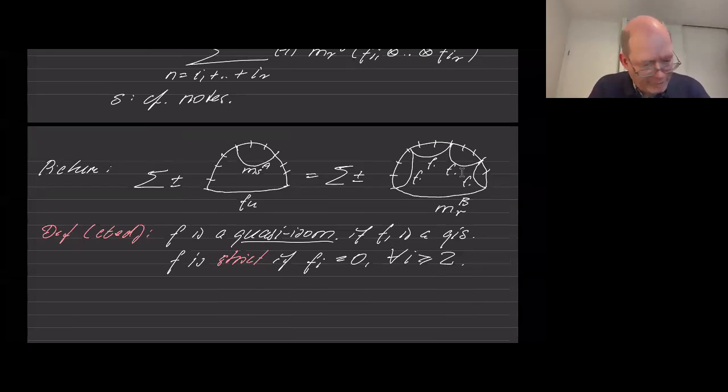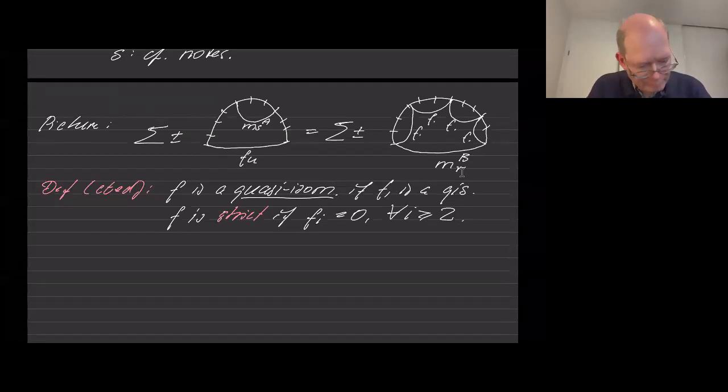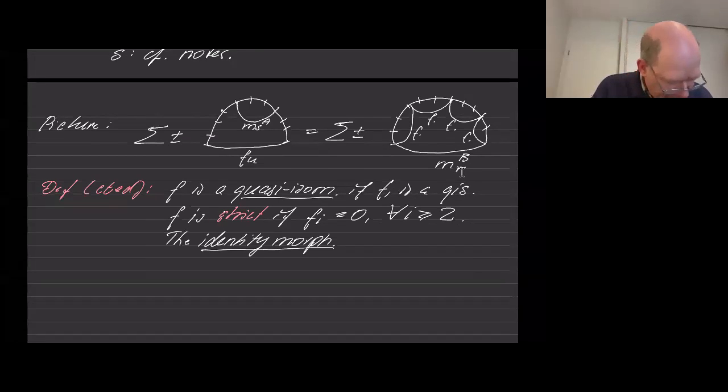Then we have the identity morphism. It's the strict morphism F with F1 equal to the identity.